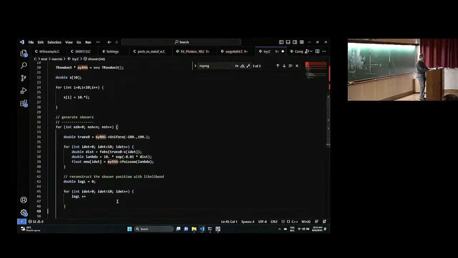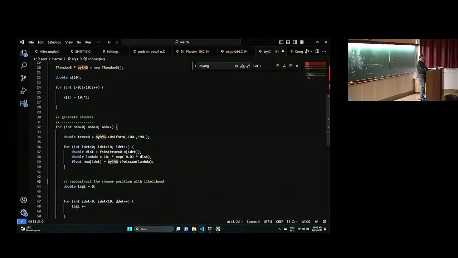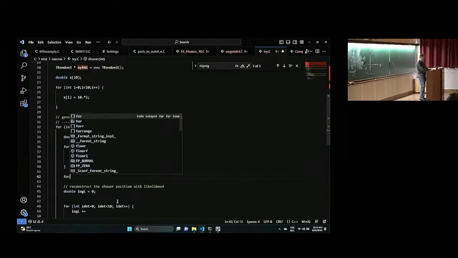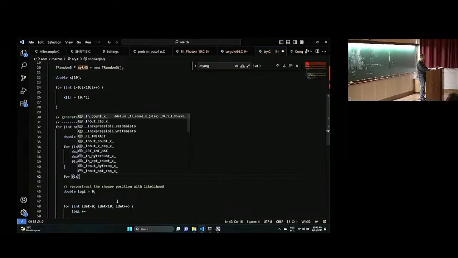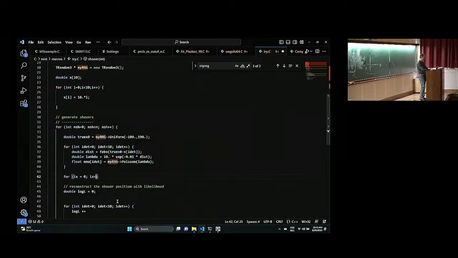So we will assume a position x and loop on the position x. So for ix equals 0, ix less than, let's say, 200 bins, and we will populate the histograms.